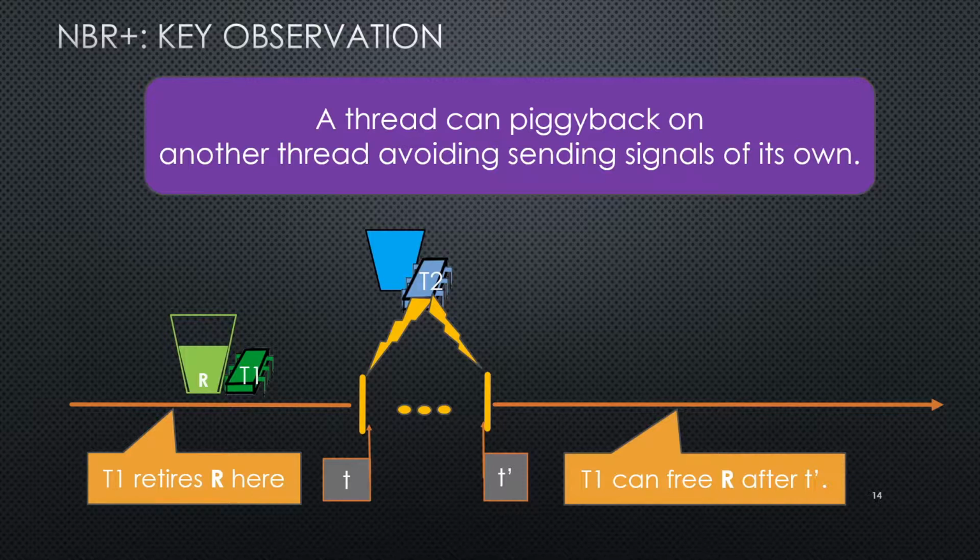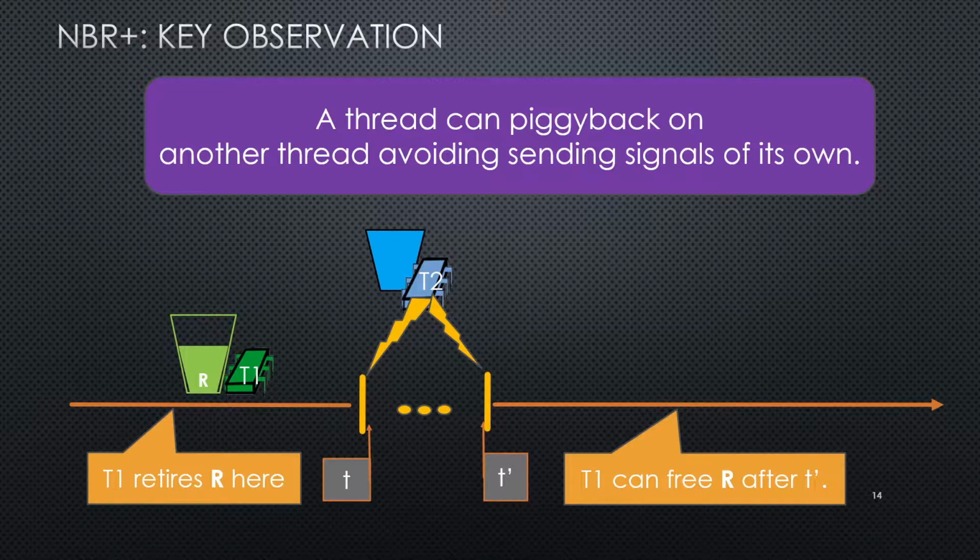So in NBR Plus, whenever a thread's buffer is partially full, instead of sending signals of its own, it starts monitoring for a thread which might be sending signals. And if it successfully monitors a thread which starts sending signals and finishes sending signals after it has started observing for such a thread, then the thread can reclaim its own buffer as well.